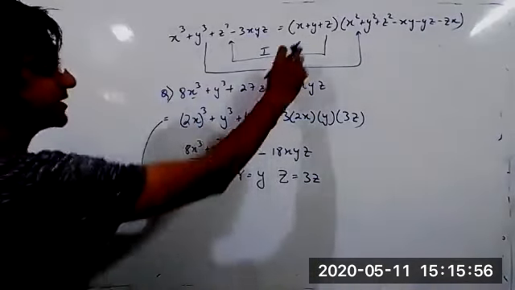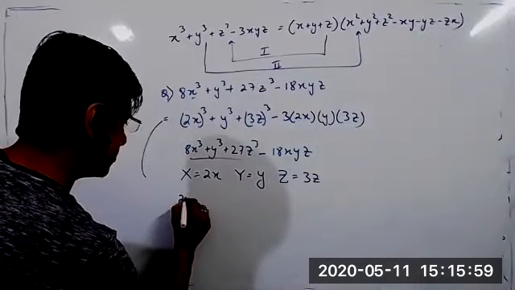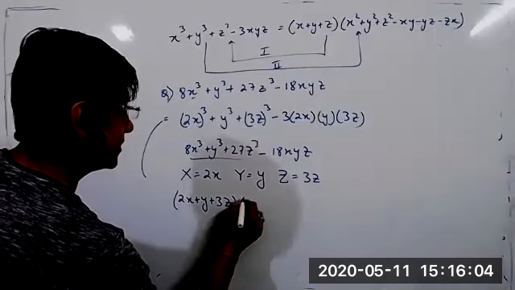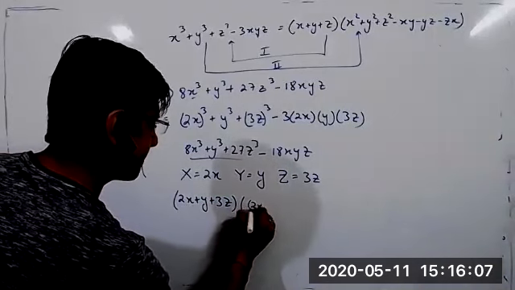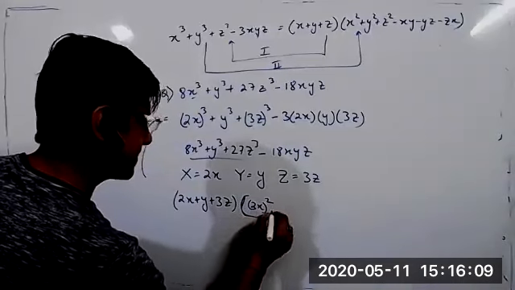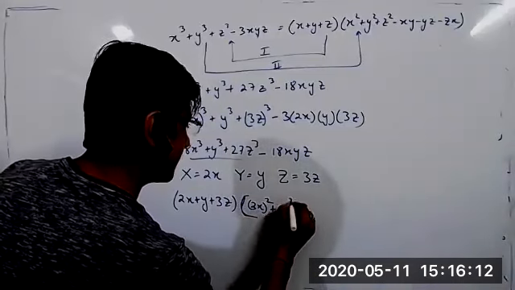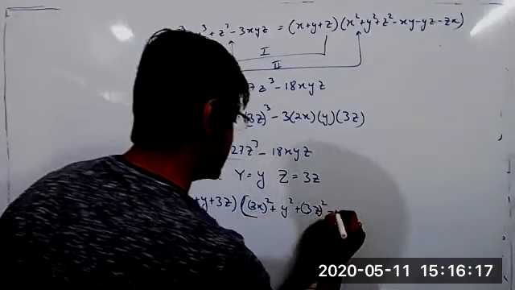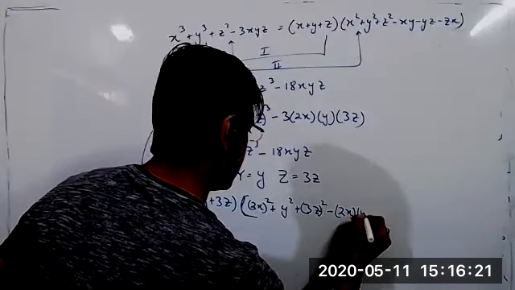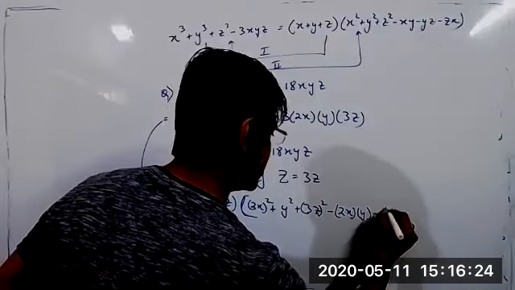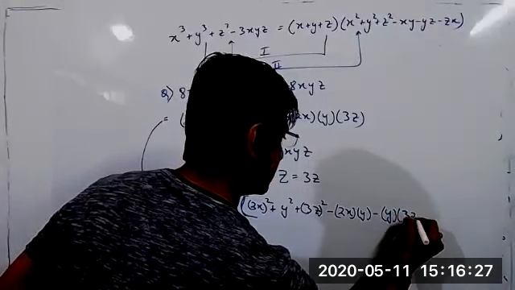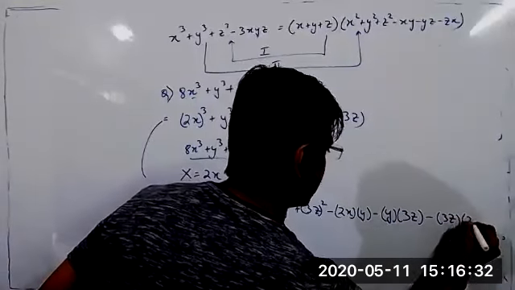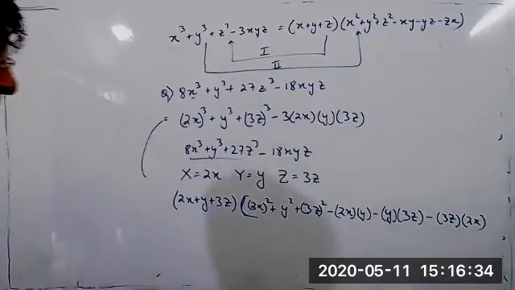So we can write x plus y plus z: 2x plus y plus 3z, times x square plus y square plus z square minus xy minus yz minus zx. Correct? Any doubt?